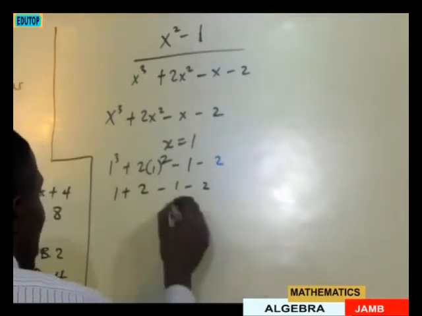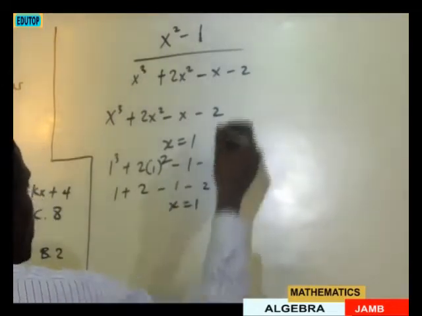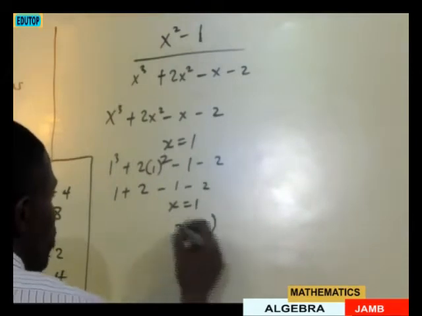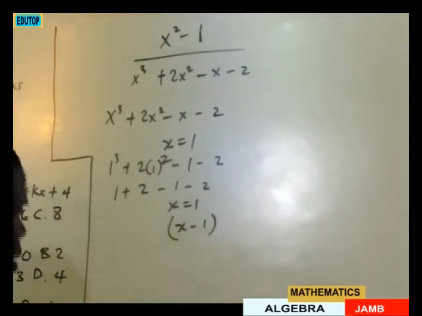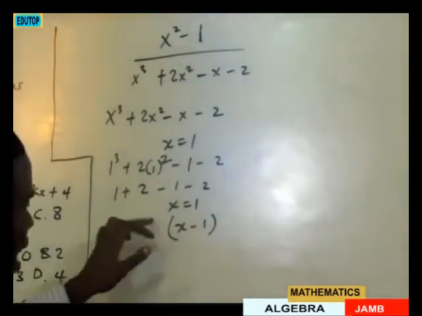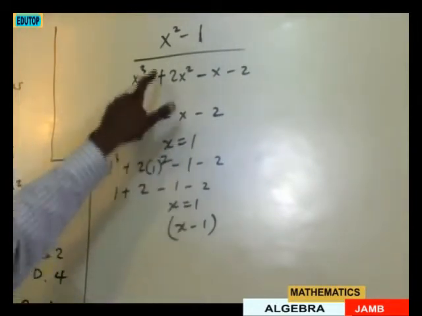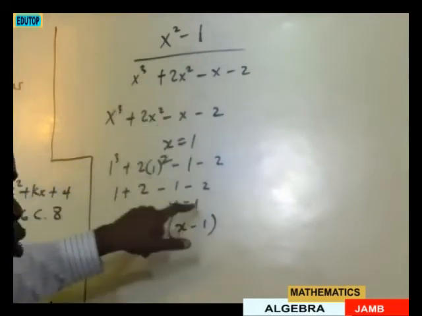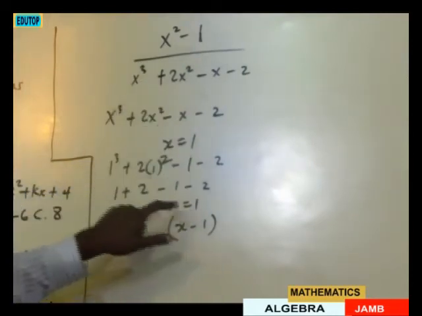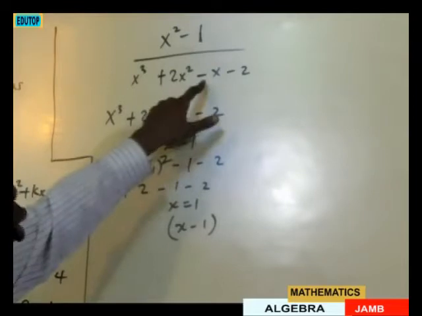It will work. So x equals 1 is the solution of this. Then x minus 1 will definitely be what? A factor. Take note of that. The way I select my words, I said x equals 1. When I test it here, it gives me 0, making it that x equals 1 is a solution.